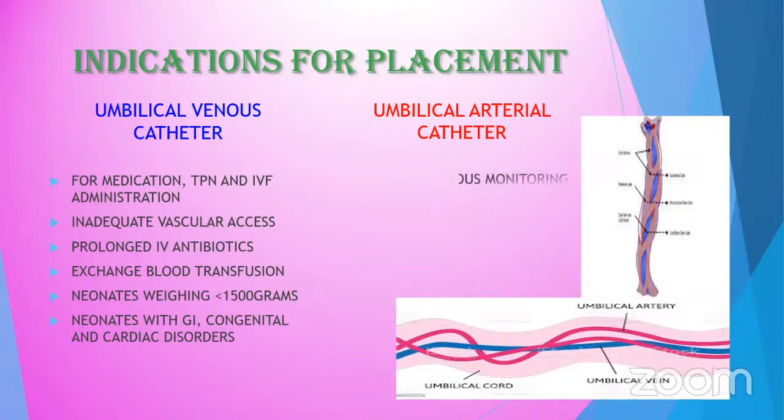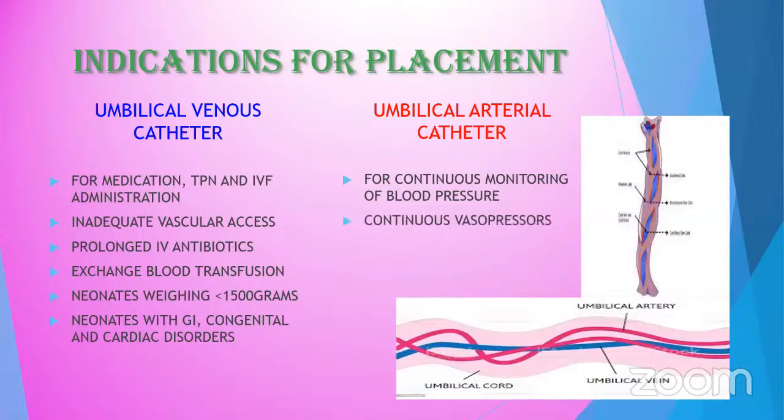In UAC, it is used also for continuous monitoring of blood pressure. For continuous vasopressor, we are giving vasopressors like dopamine, epinephrine, and norepinephrine. For this continuous monitoring of blood pressure, we are connecting the UAC into the transducer that is connected to the monitor.